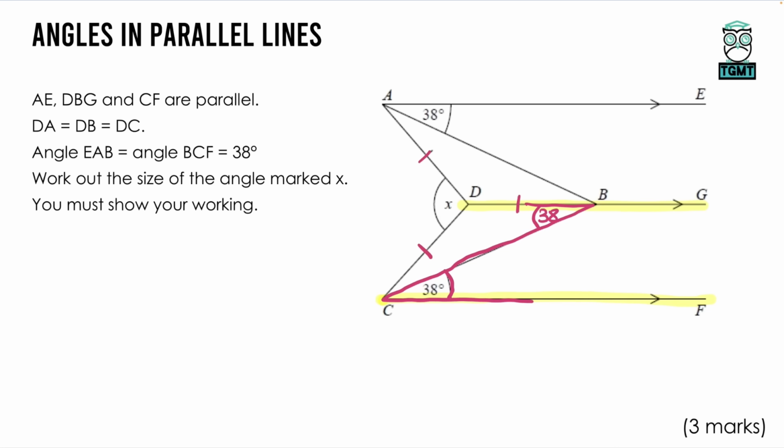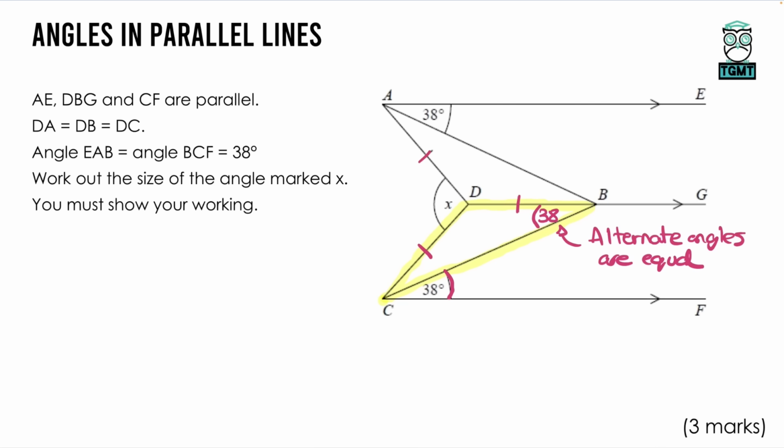Now, it doesn't tell us to give reasons in this question, but the reason that is 38 is because alternate angles are equal. In a lot of questions, it does ask you to give the reasons. We don't need to in this one, but just so you know, along our working out, that's why it's 38. Now we can come away from all of this image and zoom in on this triangle here, because we've already said that's an isosceles triangle because two lines are the same length.